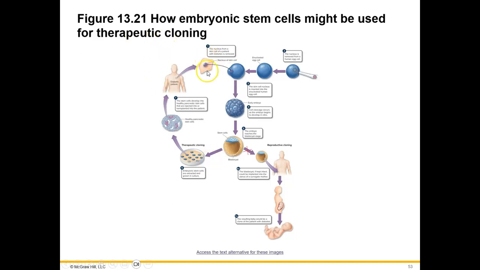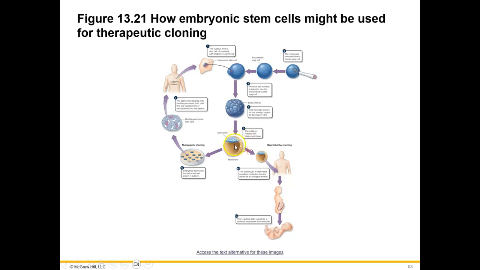But if we take the nucleus out of a regular skin cell from a patient, and then insert that into an enucleated egg cell, and then allow it to become a blastocyst, then at that point we can harvest those embryonic stem cells, grow them in culture, and insert them into that patient so that the stem cells could develop into whatever cells that patient's needing. In this case, it would be pancreatic cells to help them with their diabetes. And that is a way to overcome immune rejection and work towards immune acceptance through therapeutic cloning.